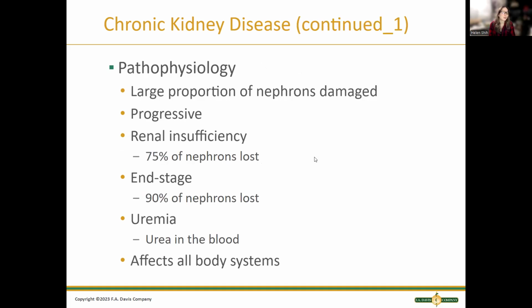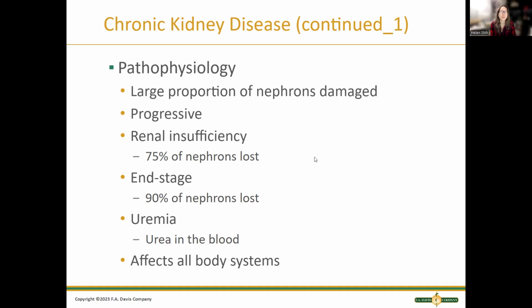The pathophysiology is, here's how it works. A large portion of the nephrons are damaged due to usually uncontrolled diabetes and hypertension. And so as one nephron dies, the rest of the nephrons have to pick up the work of the nephron that died. So now all these other nephrons are also being overworked.